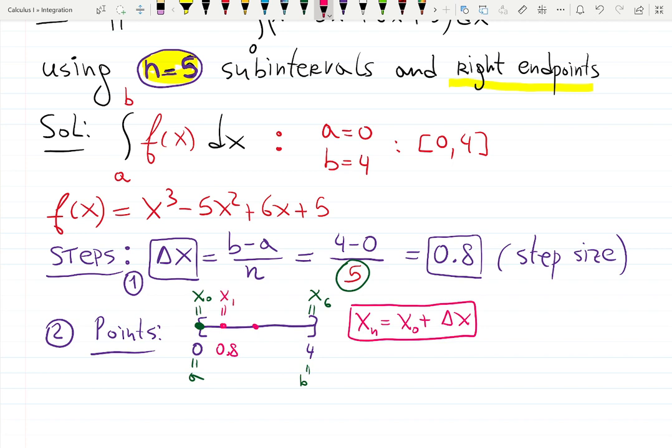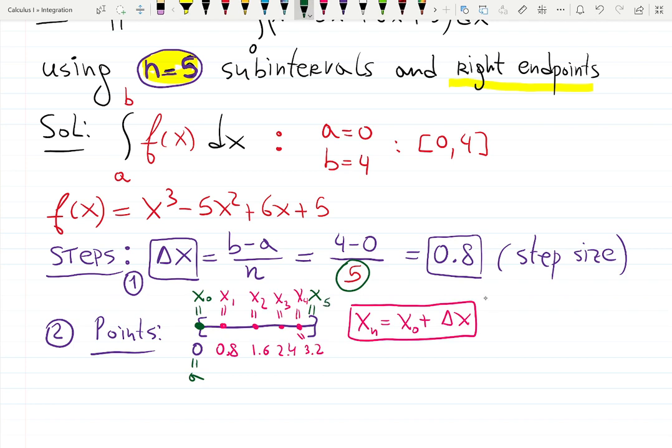The next point is 0.8 plus 0.8. That's 1.6. That's x sub 2. Then the next point is 2.4. That is x sub 3, and obviously I did not plan well. Oh, actually it's fine, just one left. Check it out, almost fits. The next point is 3.2, and that's going to be x sub 4, and the last point, x sub 5.